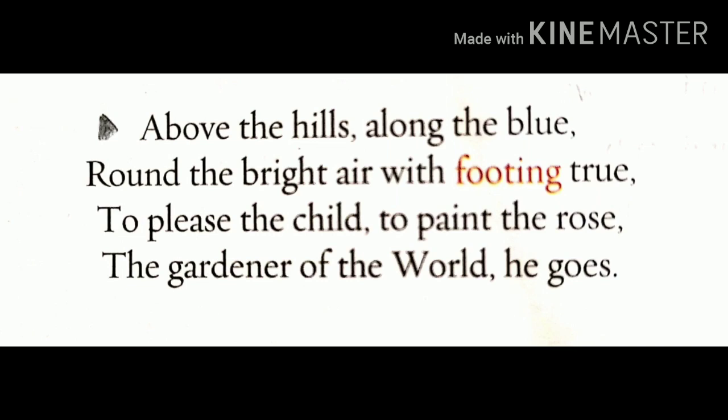It makes the children happy while they play in the garden and have a pleasant view of the flowers. The sun is also called the gardener of the world in the last stanza because sunlight is the main reason for the growth of plants and greenery on the earth.